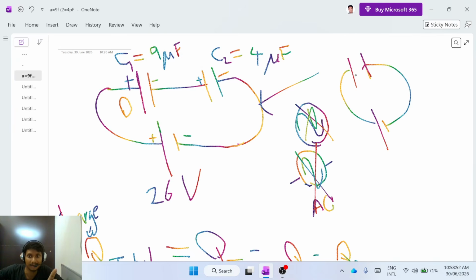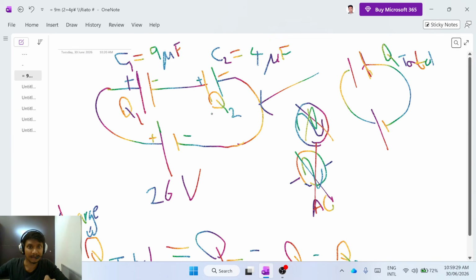We can find that later. Assume the charge of the first capacitor is Q1 and the charge of the second capacitor is Q2.